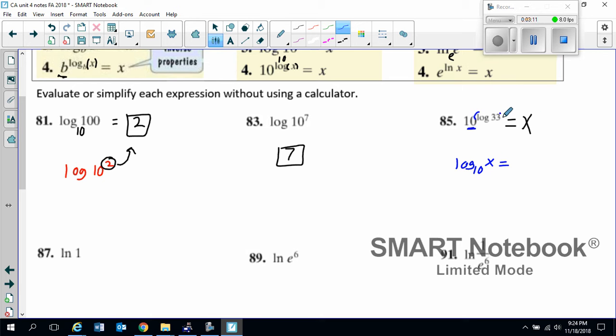Now that exponent's a little interesting, right? It's log of 33. Well, it has an understood base of 10 also, even though it's not written there. And so x must be equal to 33 right there. So that's what that would simplify into.